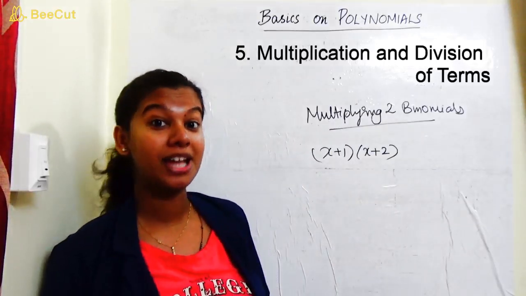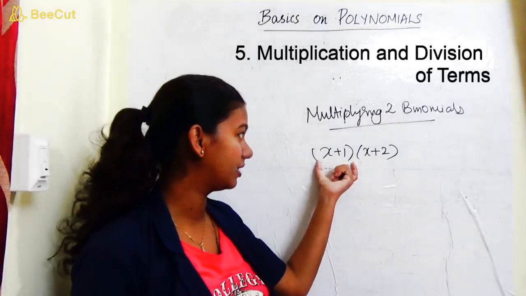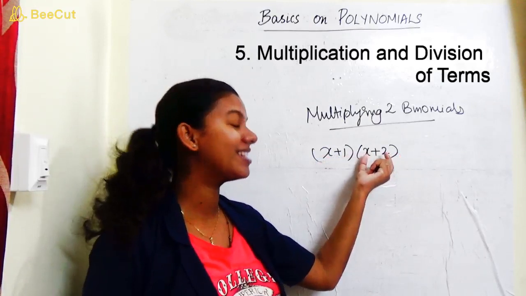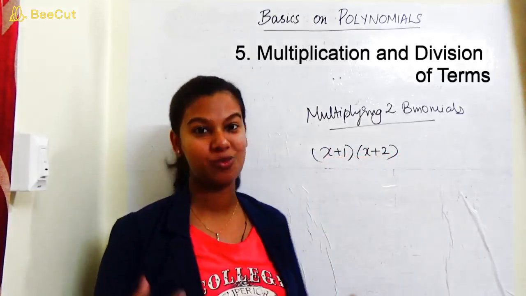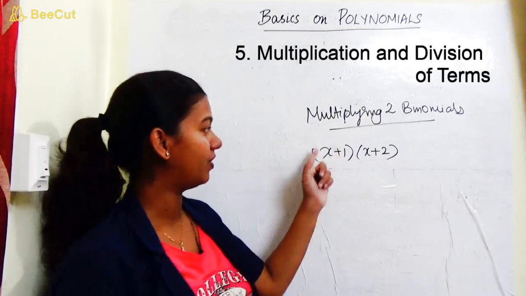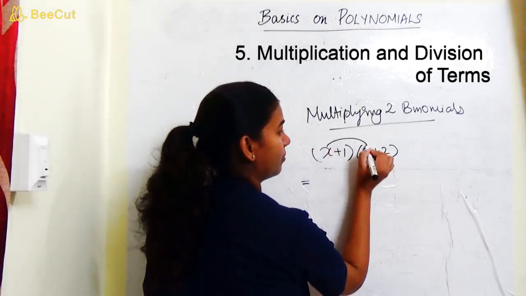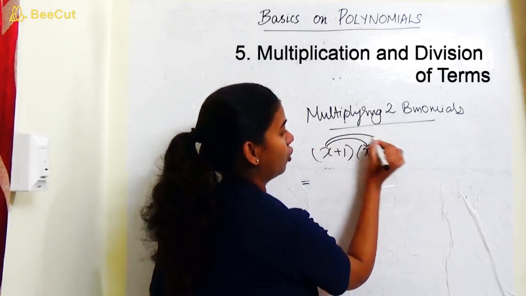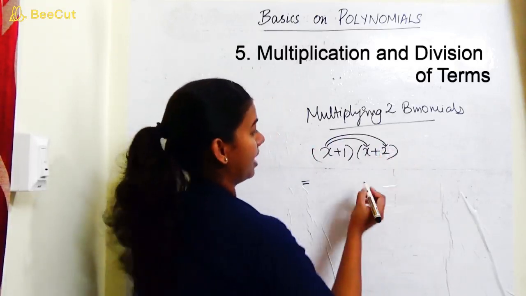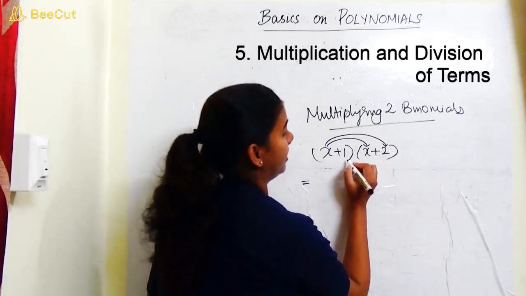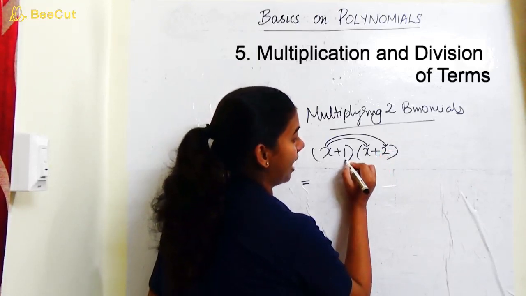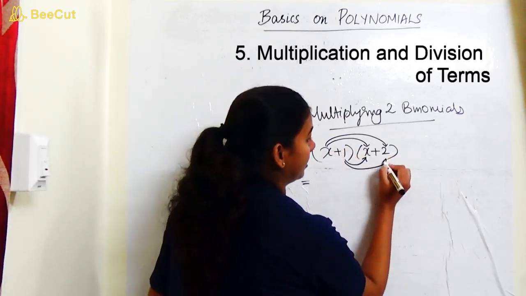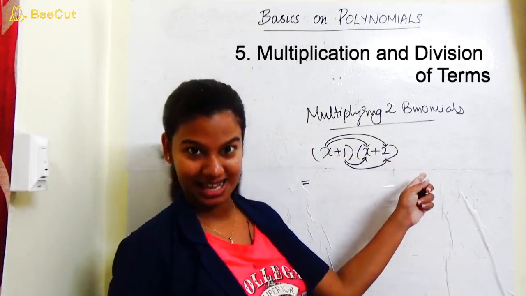Now next let's multiply two binomials. That is, x plus 1 is a binomial. It has two terms, x and 1. And the next binomial is x plus 2. So let's multiply this and see what we get. How we need to multiply is, we need to multiply the first term of the first binomial with the first term of the second binomial, and the first term of the first binomial with the second term of the second binomial. Similarly, the second term of the first binomial with the first term of the second binomial, and the second term with the second term of the second binomial.